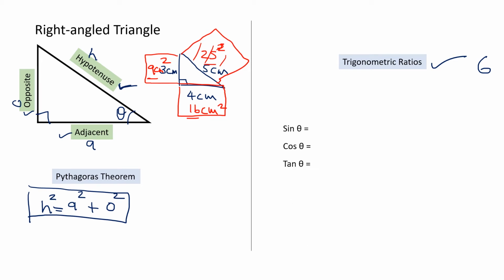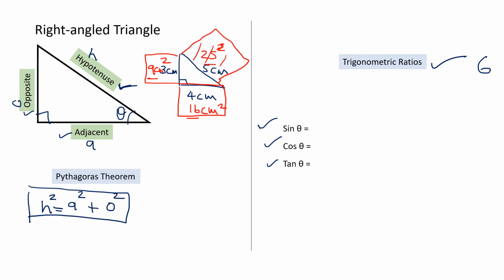These 3 trigonometric ratios are sine theta, cos theta, and tan theta. These are referred to as ratios since they can be expressed in terms of the sides of a right angle triangle for a specific angle theta.